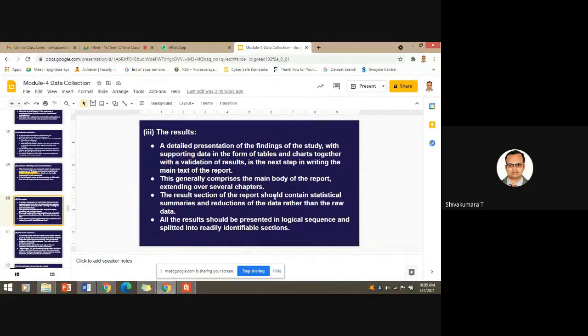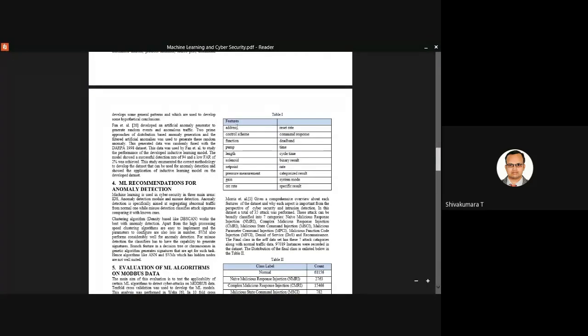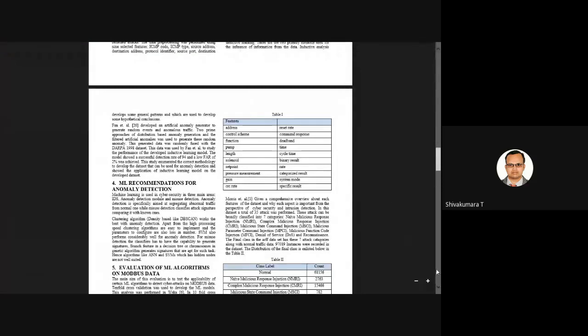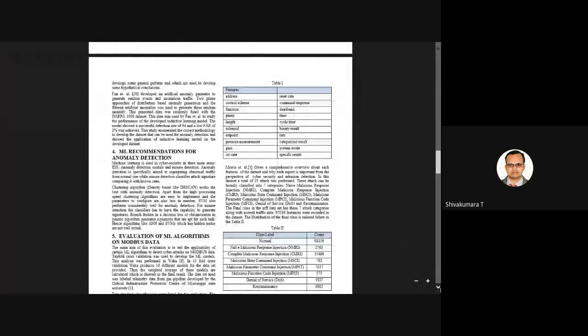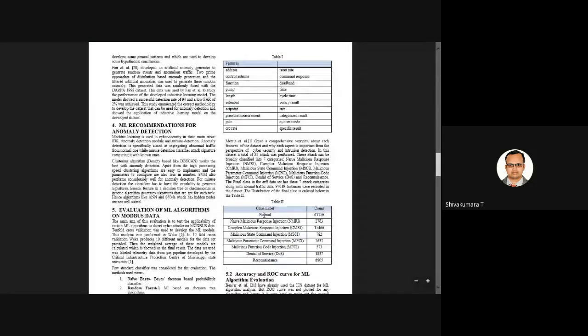The results section of the report should contain statistical summaries and reductions of the data rather than the raw data. So you can find here the reductions of the data, it is not raw data. It is statistical data. After analysis, he presents the content in this.